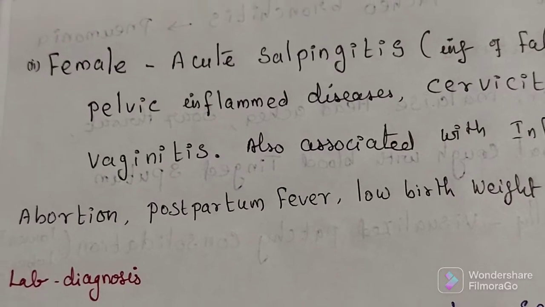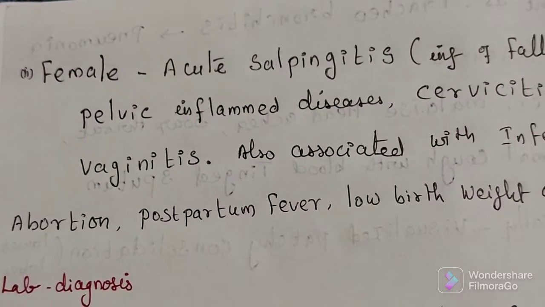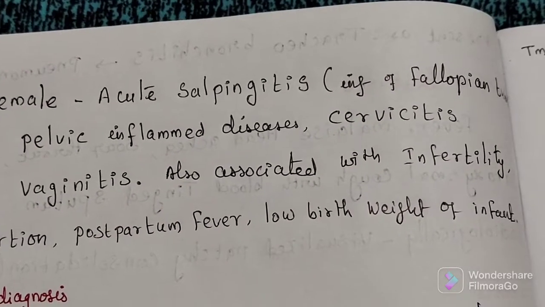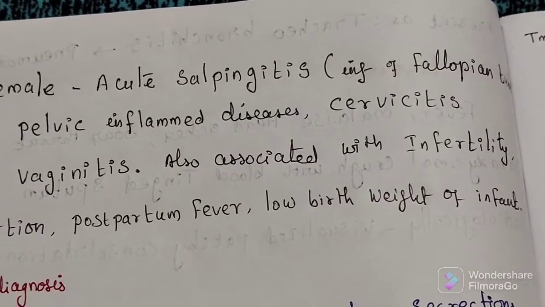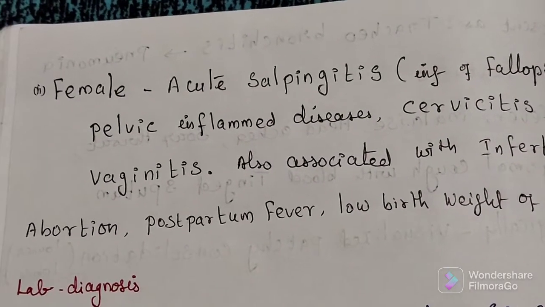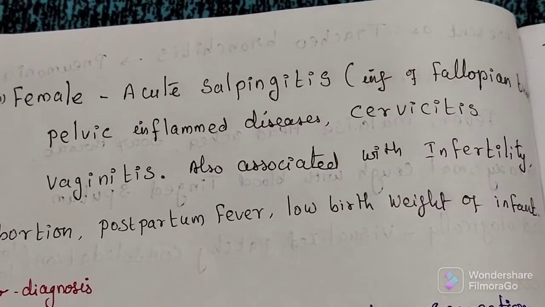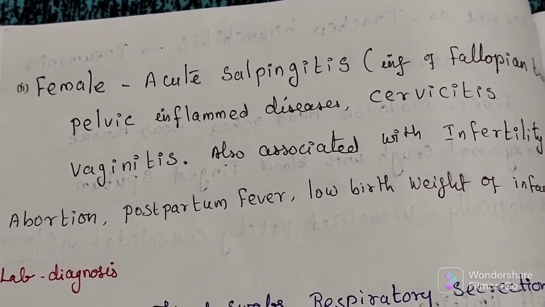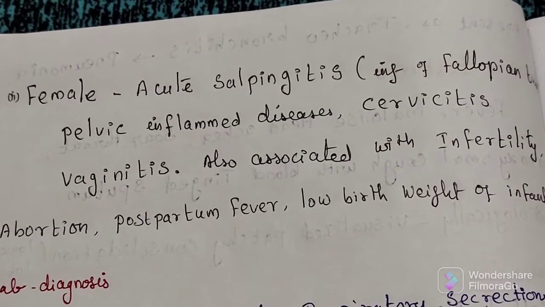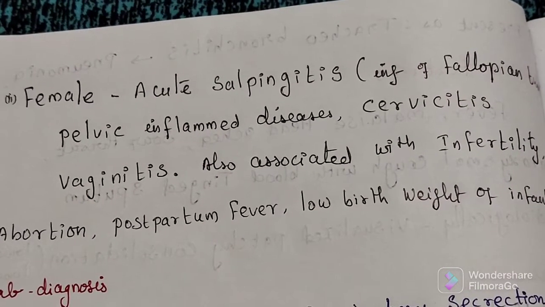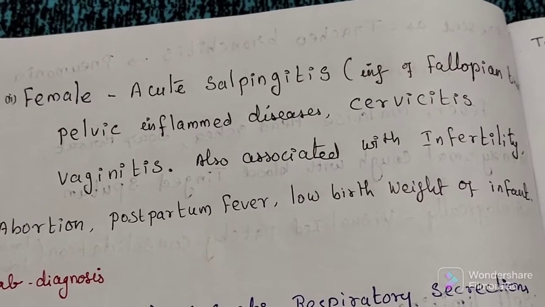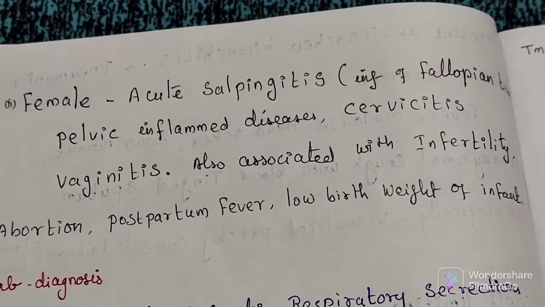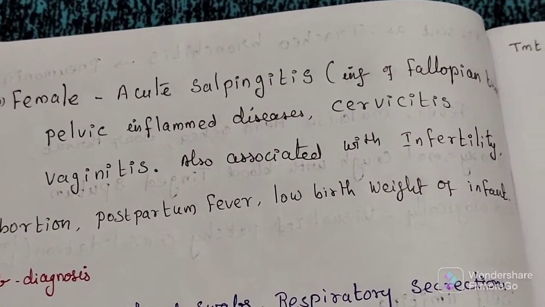In the case of females, the genital infection includes acute salpingitis, that means inflammation of the fallopian tube, then pelvic inflammatory disease, then cervicitis, that means inflammation of the cervix, then vaginitis, inflammation of the vagina. It is also associated with infertility, abortion, postpartum fever, and low birth weight of infant.